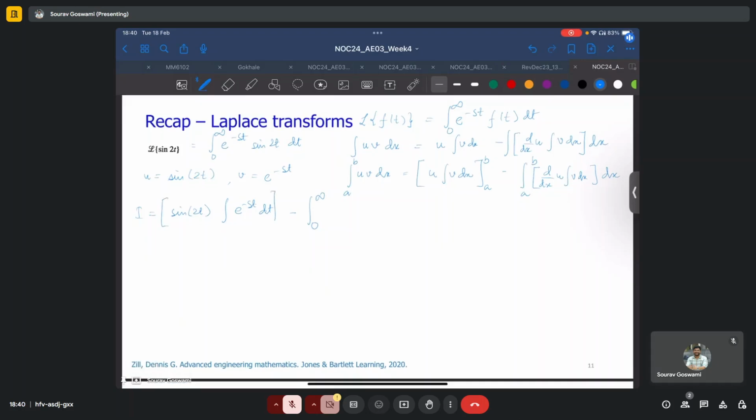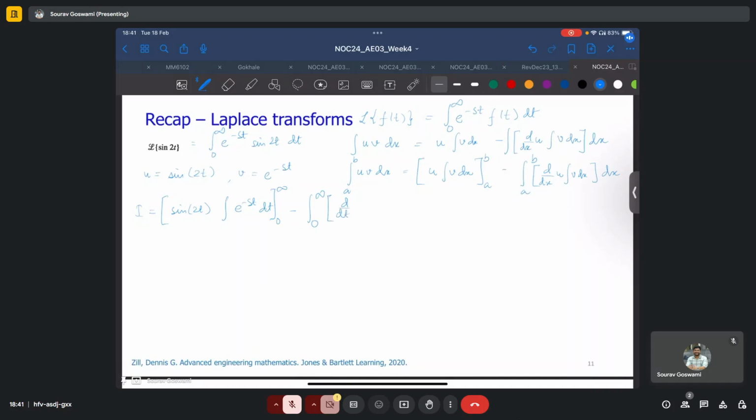This entire function is to be evaluated between 0 and infinity. As the integral of the differential of u, so d/dt of sin 2t, times the integral of e power minus st dt, whole times dt. And now let us try to solve this step by step.